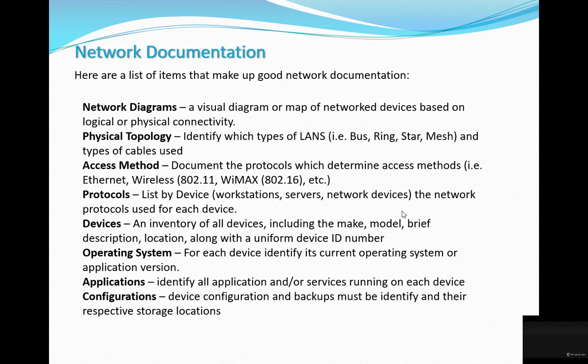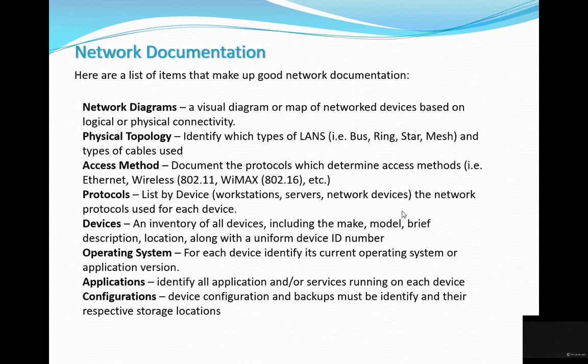You also want to come up with some sort of uniform device ID number that your organization is going to use. Many times, if you're already walking into an organization, they have defined some kind of numbering scheme, and you need to learn about that and find out what that is.